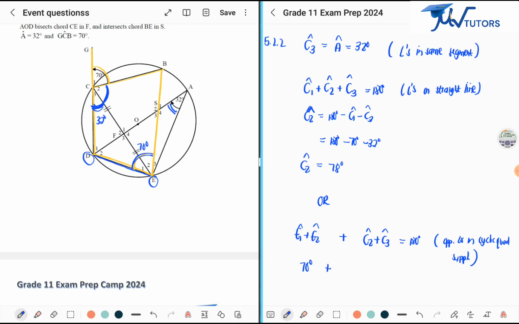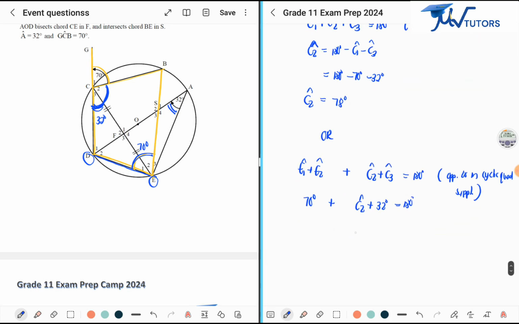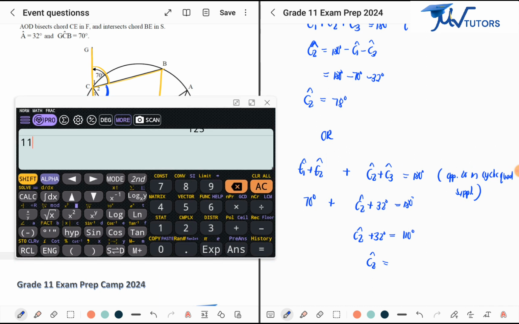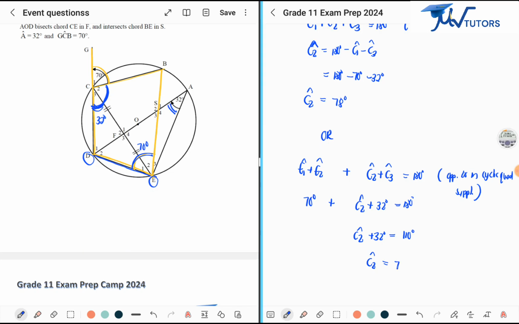By that time, we would have C3, so we have C2 plus 32, and that's equal to 180. If I take the 70 to the other side, I know that C2 plus 32 is 110 degrees. So C2 is 110 minus 32, we get 78. If you have any other way of determining it, please do comment for the other learners to learn from you.